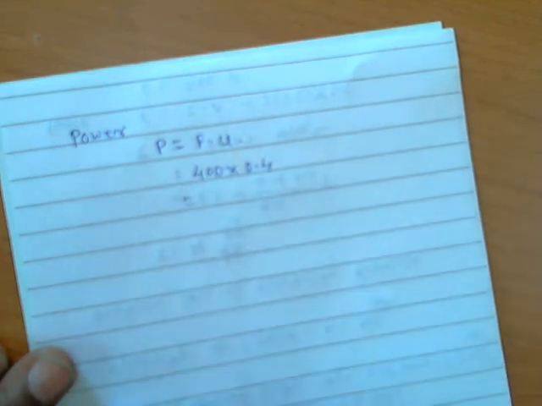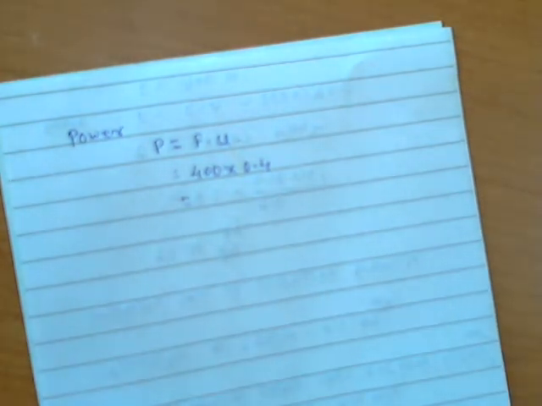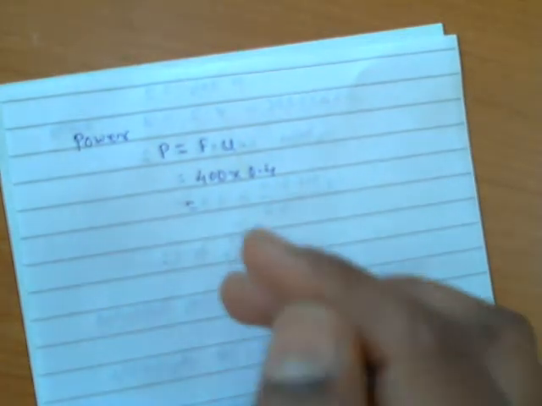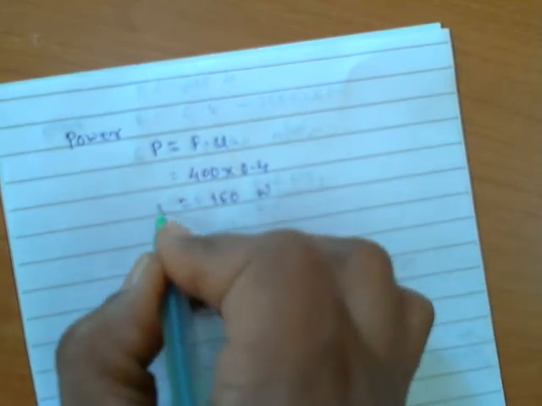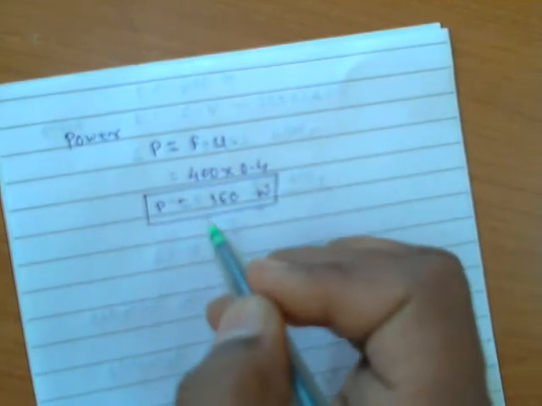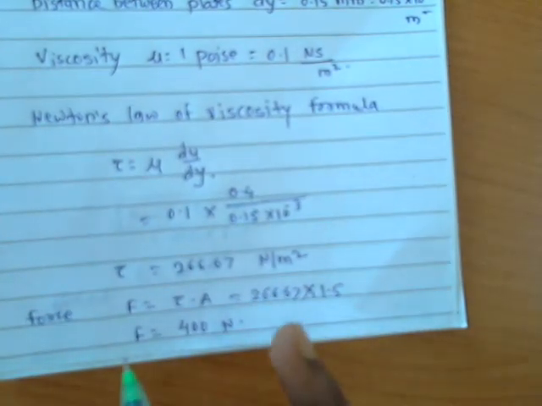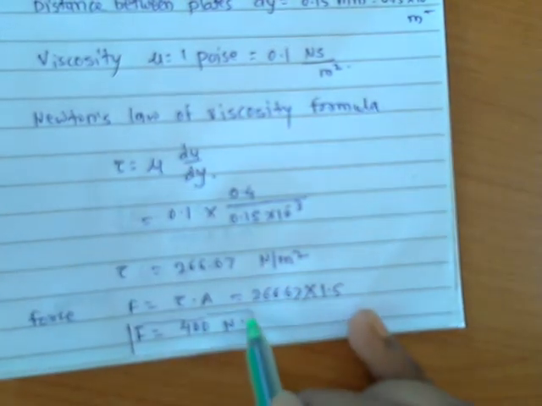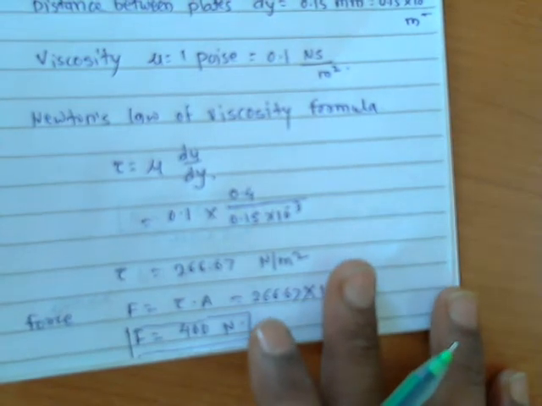So it is 160 watt. Okay, so this is our answer. The power is 160 watt and the force we have calculated is 400 Newton. So this is our answer.